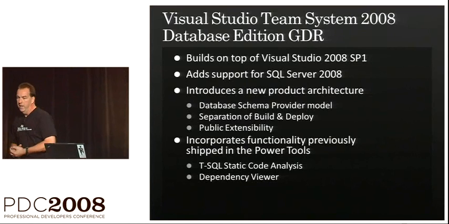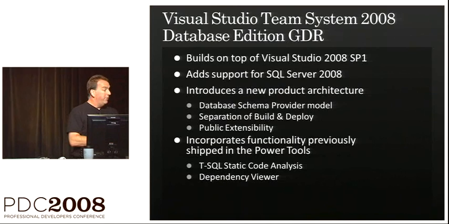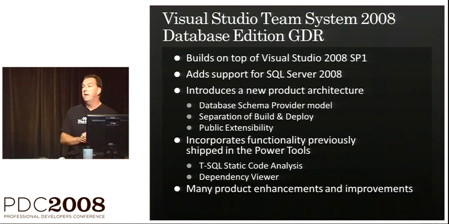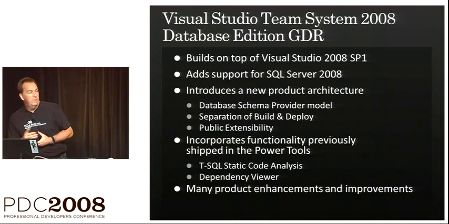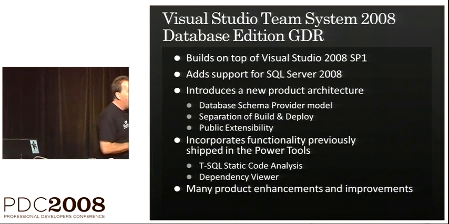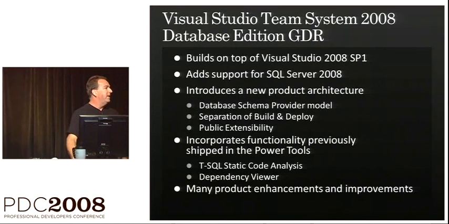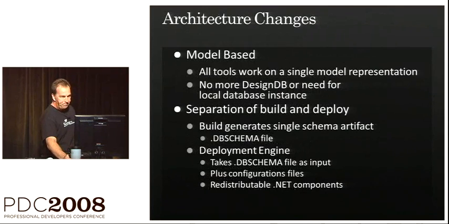So we added the ability to write rules. The dependency viewer was also added to the product. And we've made many more enhancements with regard to organizational structure, how we build into team build, and many more things. If you want to see that, stop by the booth. I'm happy to demonstrate this to you.